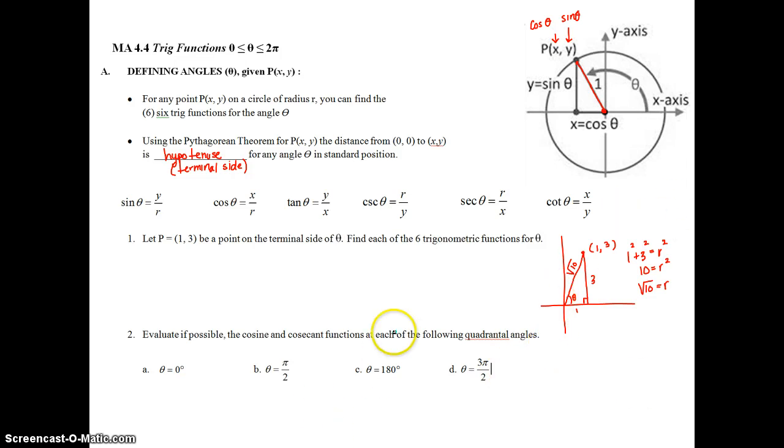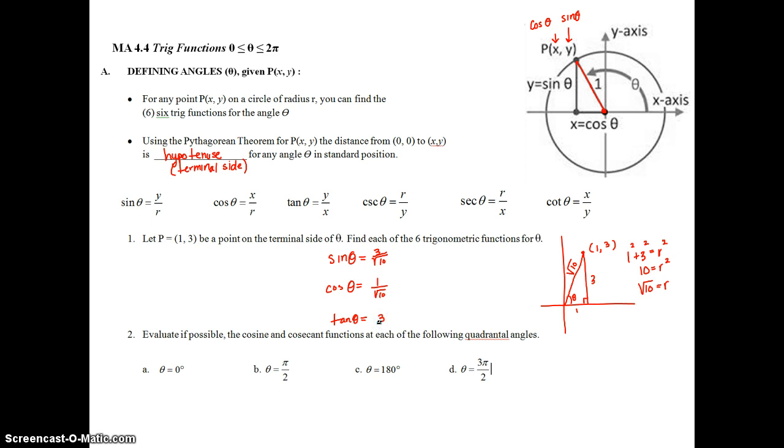Okay, so now we can find the sine, cosine, and tangent. So the sine of theta is going to be opposite over hypotenuse. So opposite, that's going to be 3 over hypotenuse. Okay. Cosine of theta is going to be adjacent over hypotenuse. And tangent of theta is going to be opposite over adjacent, or 3.